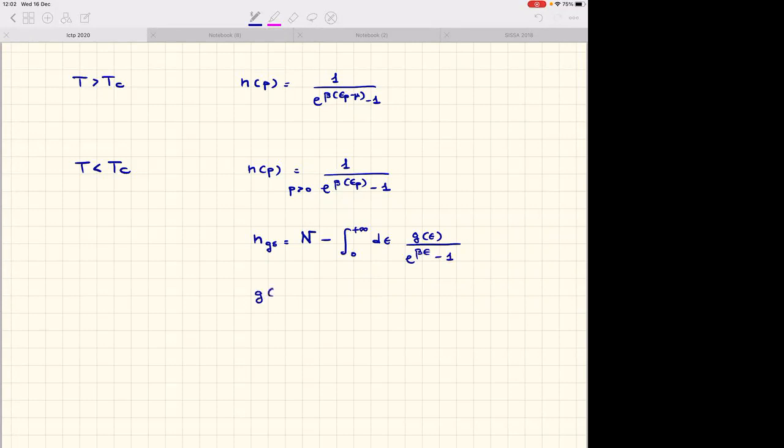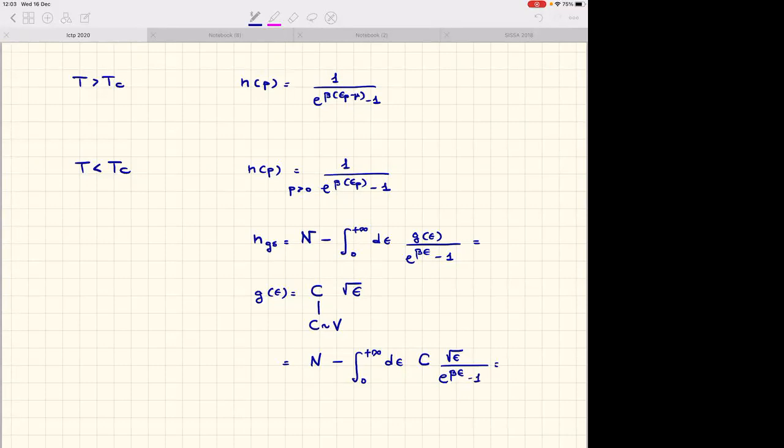But g of epsilon is a constant proportional to the volume, times square root of epsilon. Therefore, this can be written as N minus the integral between 0 and plus infinity d epsilon, this constant c, square root of epsilon divided by e to the beta epsilon minus 1.